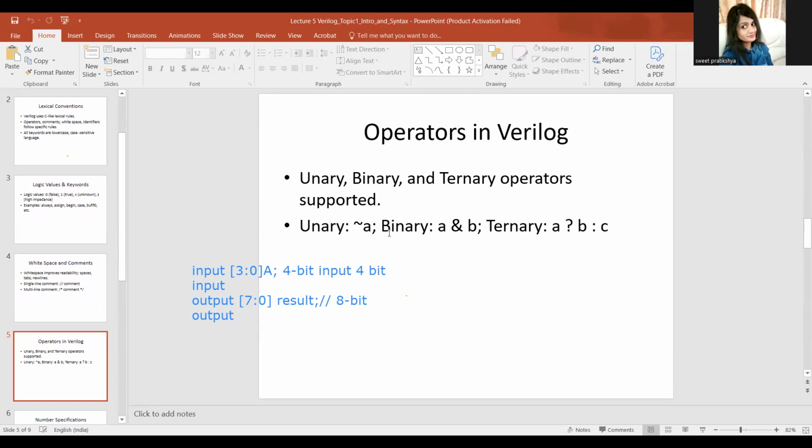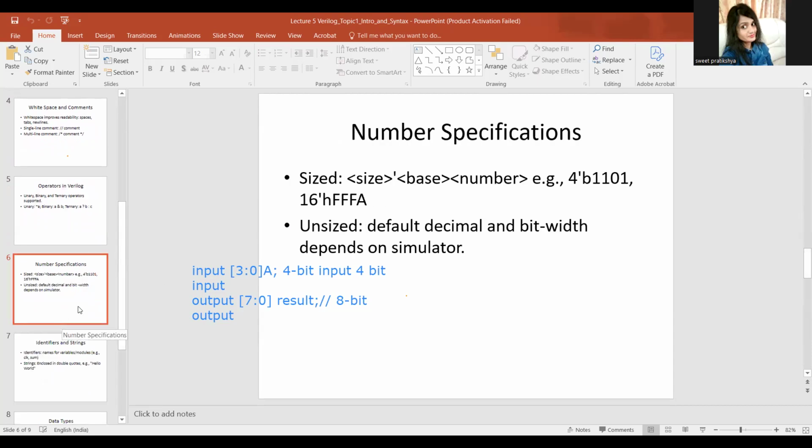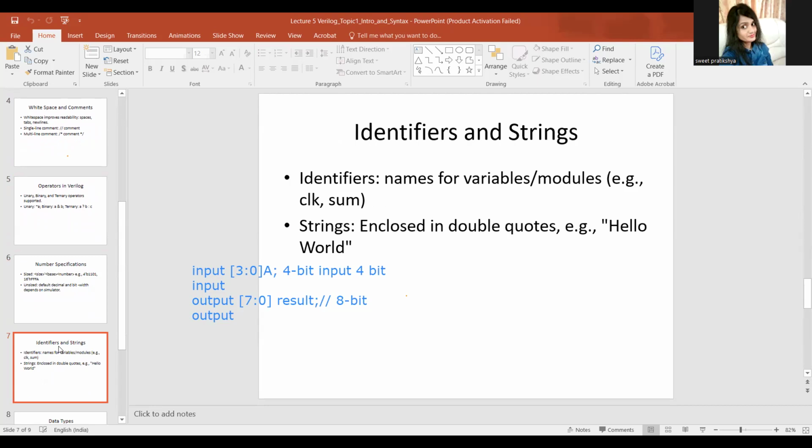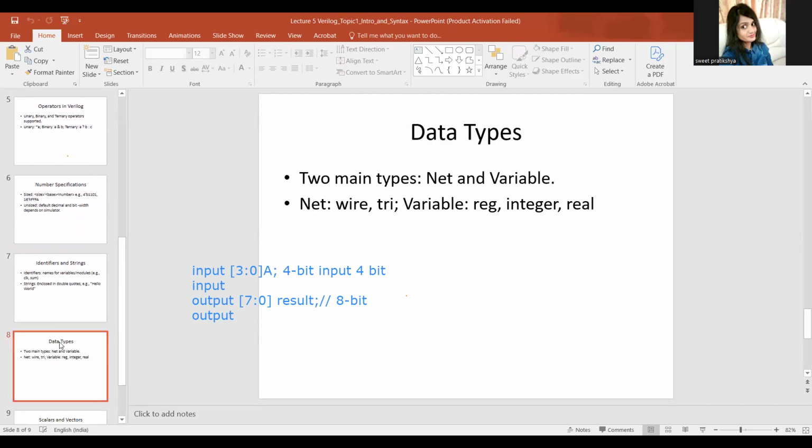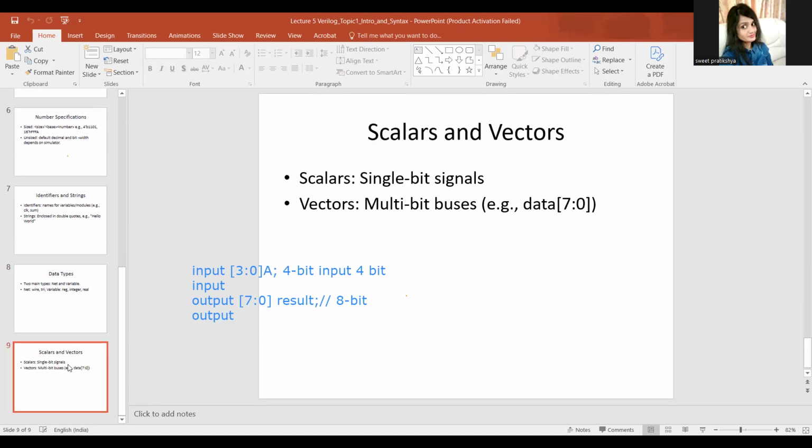Suppose negation of A: A is a variable and negation stands for not. And ternary. We also covered number specifications, the different identifiers and keywords, and data types. Mainly we have two types, net and variable. Net, example wire, tri. Variable, example reg, integer or real, which can be used to store data. And net or wire is used for physical connection between various input and output signals. These are the scalars and vectors. So this is all about the basic introduction to Verilog HDL.